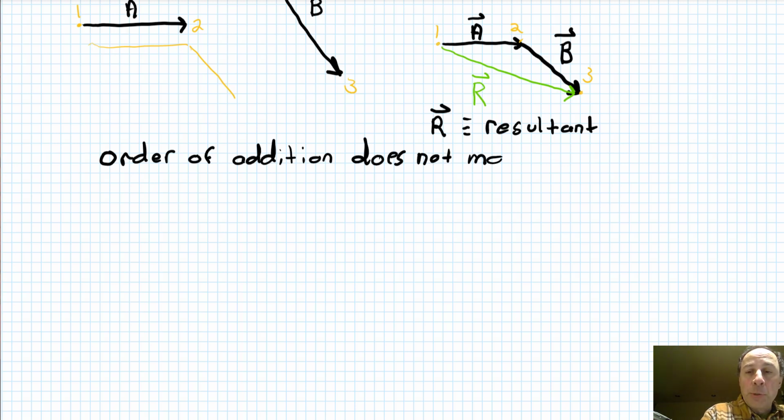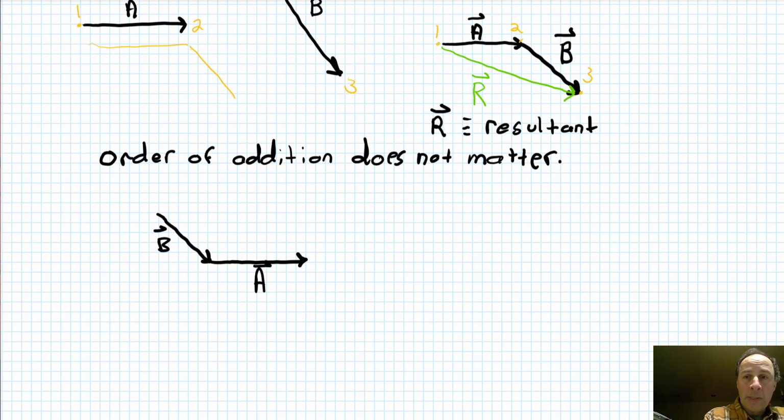Now, I didn't draw these to scale, and I strongly suggest, if this doesn't make sense to you, or even if it does, it's a good exercise, I've done it a bunch of times, to actually take graph paper, take a protractor, make one of these, horizontal or vertical, just to make your life easier, but make the other one at an angle, and draw A plus B, and then draw B plus A, and you'll find that the resultant you get will be the same.